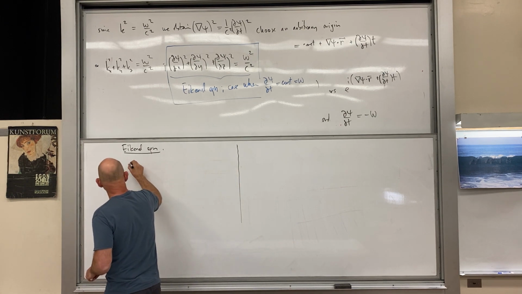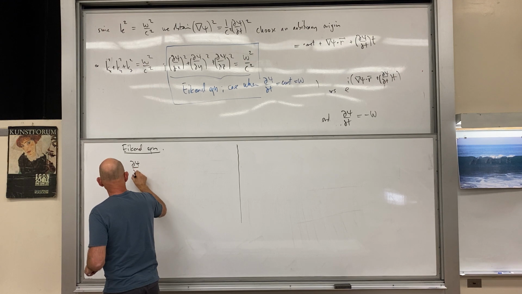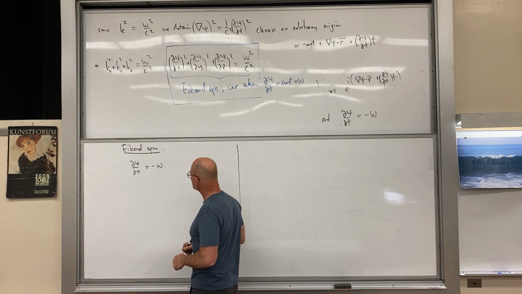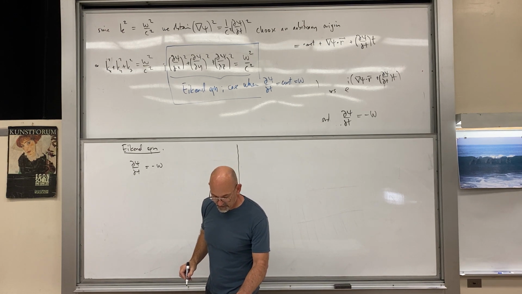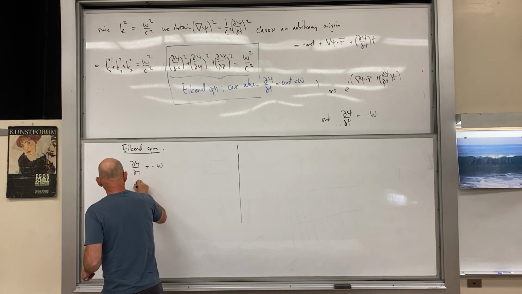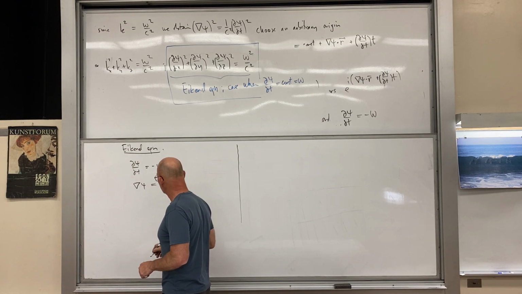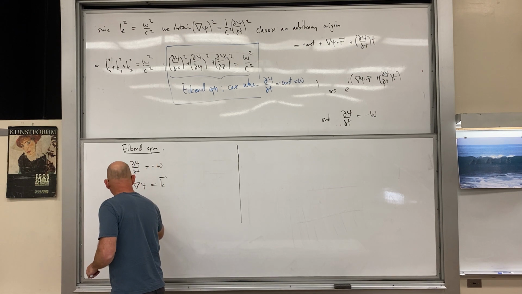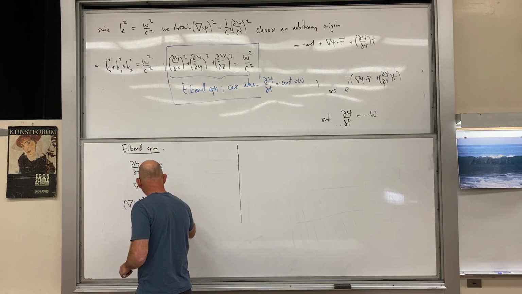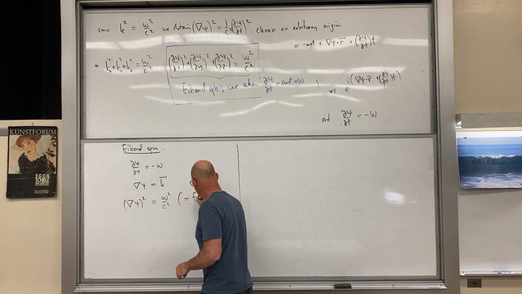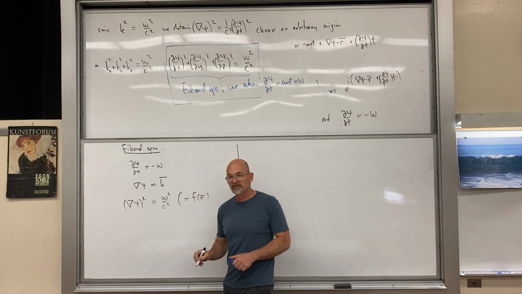Here we would have ∂C/∂t equal to minus omega. Then the gradient of C is k locally, and the gradient of C squared equals omega squared over C squared, and in parentheses I'll point out that the idea here is that this is a function of position.